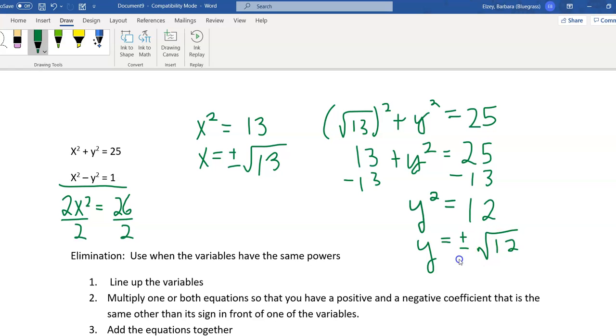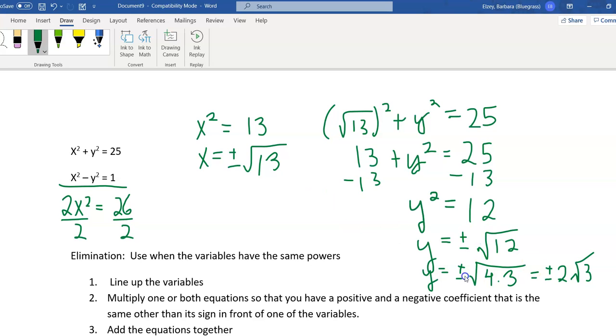Now we can break 12 up, and depending upon whether your exercise asks you for exact answers or decimal approximations, if they're asking you for decimal approximations, all you have to do is put the square root of 12 in your calculator. But if they ask for exact answers, we need to break this up. So let's remember that 12 is really 4 times 3. And we know the square root of 4 is 2. And we don't know the square root of 3, so it stays inside. So that's the exact answer.